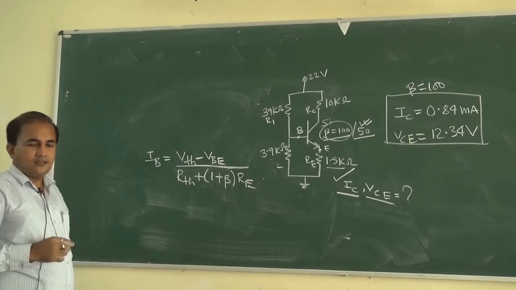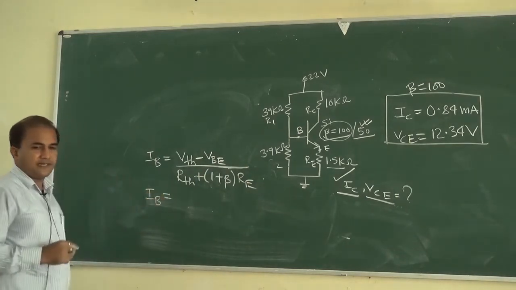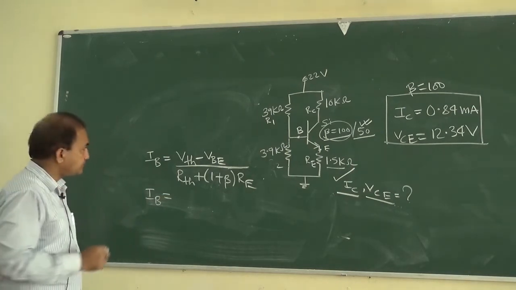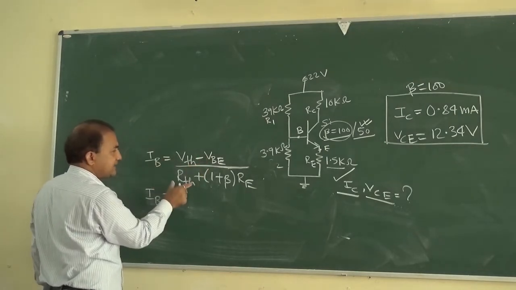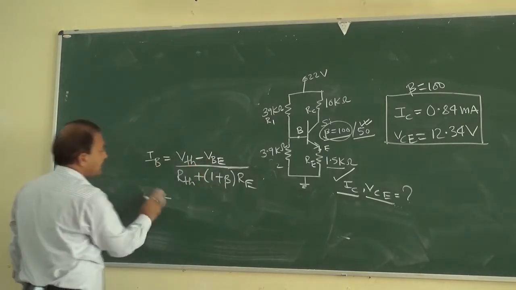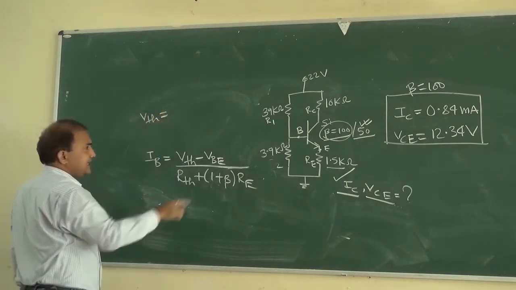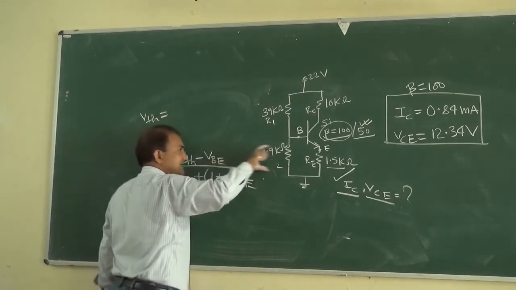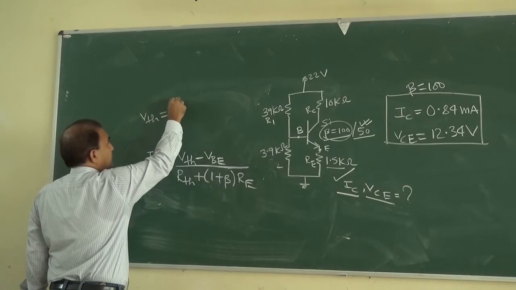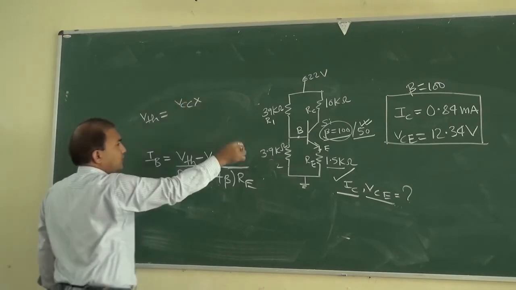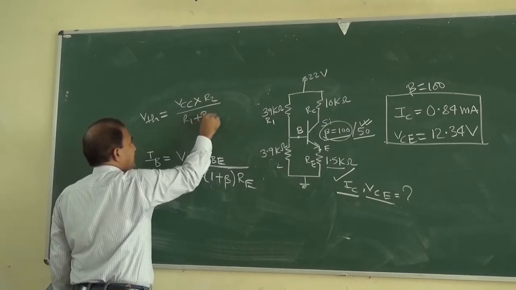So IB for beta 50 is equal to VTH minus VBE divided by RTH plus (1 plus beta) RE. First of all we have to determine VTH. VTH is equal to the voltage across resistor R2, so it is equal to VCC into R2 divided by R1 plus R2.